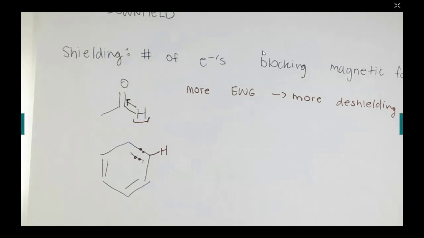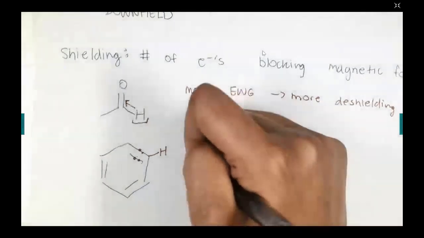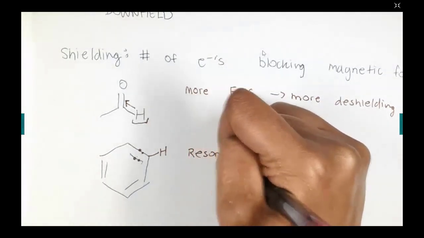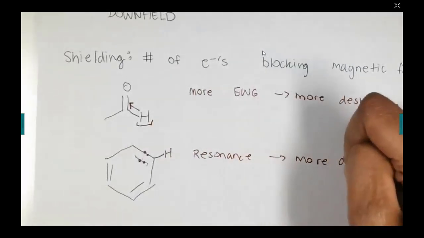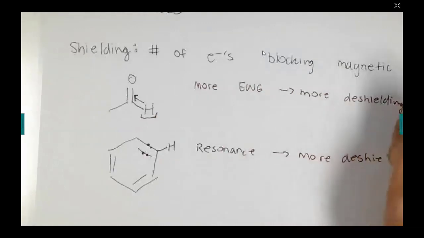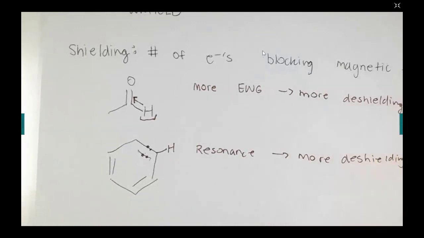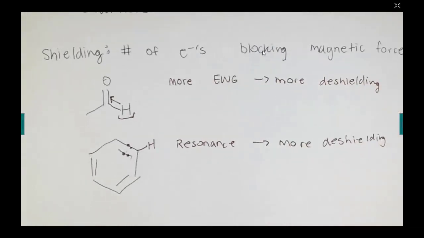So that means this hydrogen actually gets less of the electrons. It's less shielded than it would be with a non-resonant form. So in this case, resonance causes a deshielding effect, which is interesting because typically when we teach you about resonance, it makes things more stable, it does all of these things, but in this case, it acts as a deshielding influence.